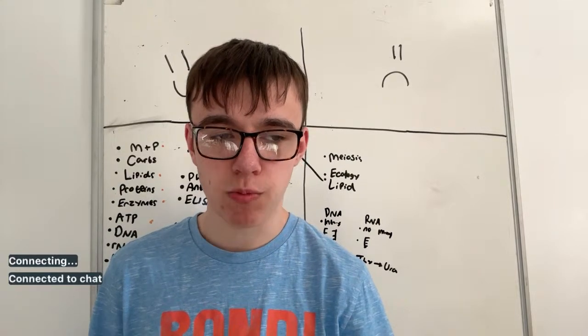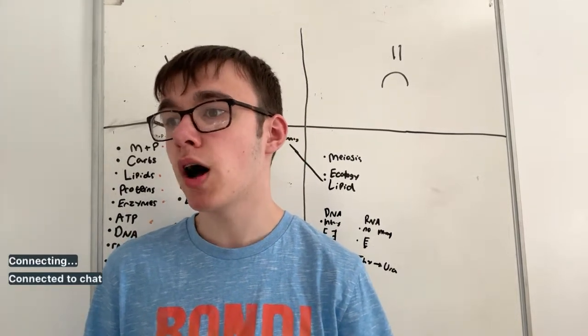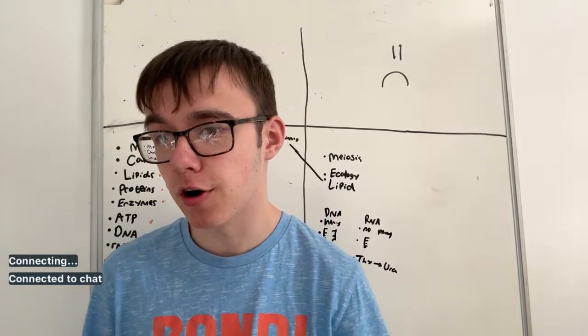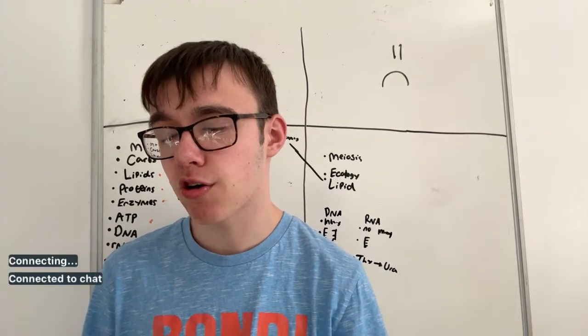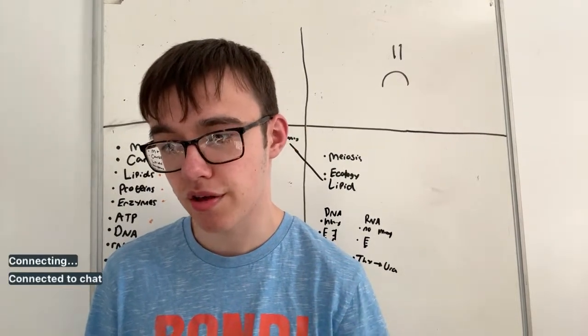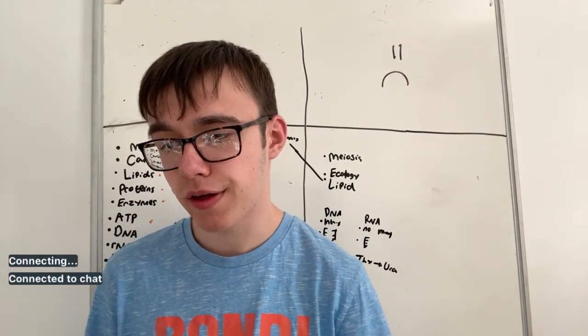What I always do in the exams is try and count how many marks I think I've gotten, and then go to questions where I think I've gotten no marks and try and cram in a load more detail, or rethink.